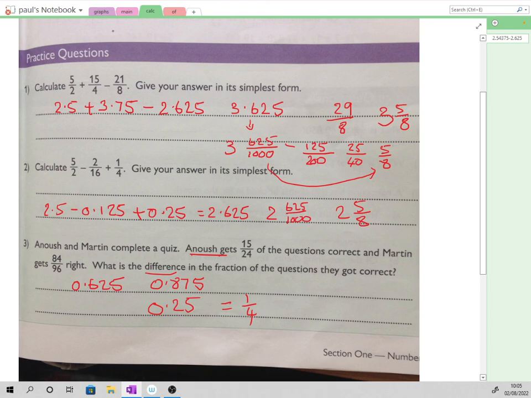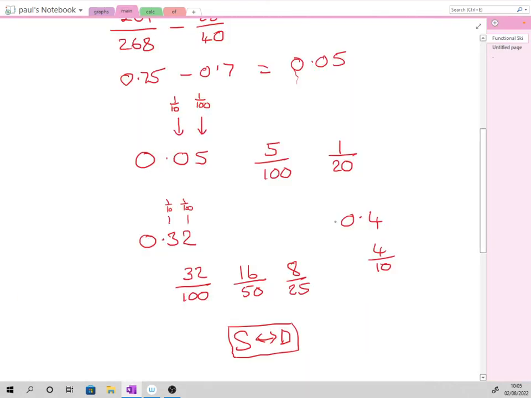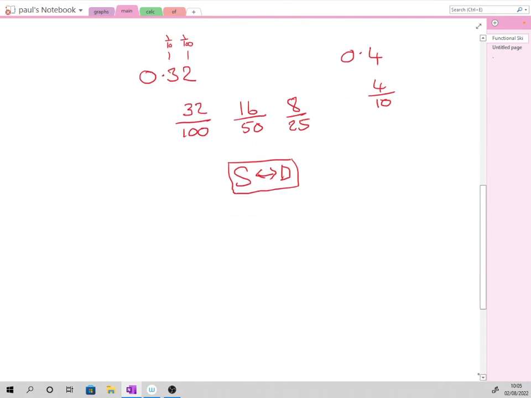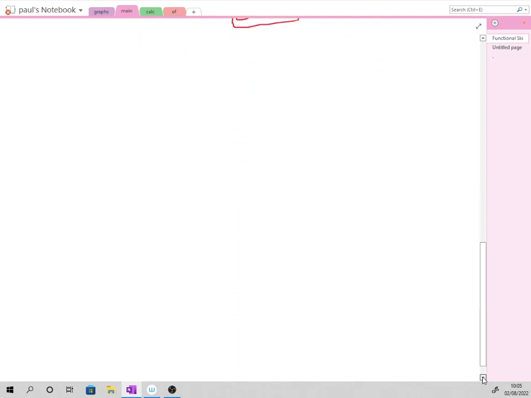Okay, next bit of this is finding a fraction of a number.